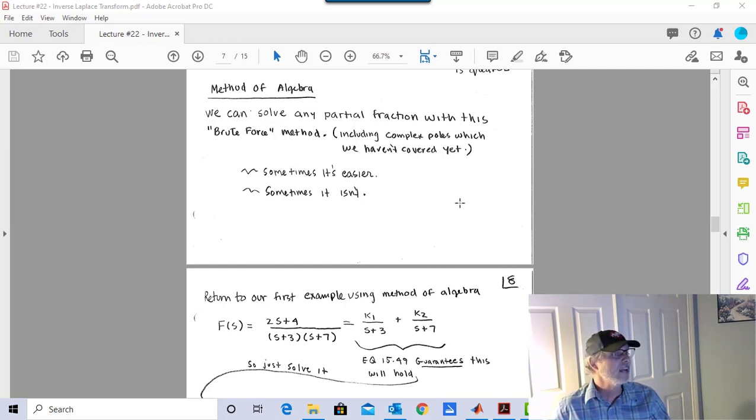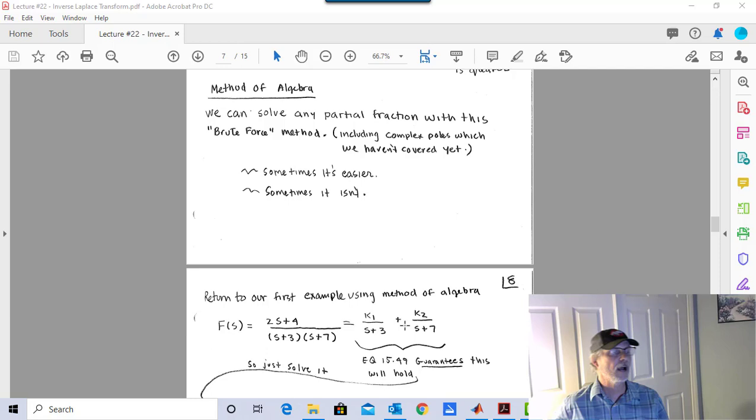The thing I like about it is it works the same way every time, so I don't have to remember a whole bunch of things. All I need to know is my guarantees. Remember, my guarantees tell me what the function will look like when it's split up.